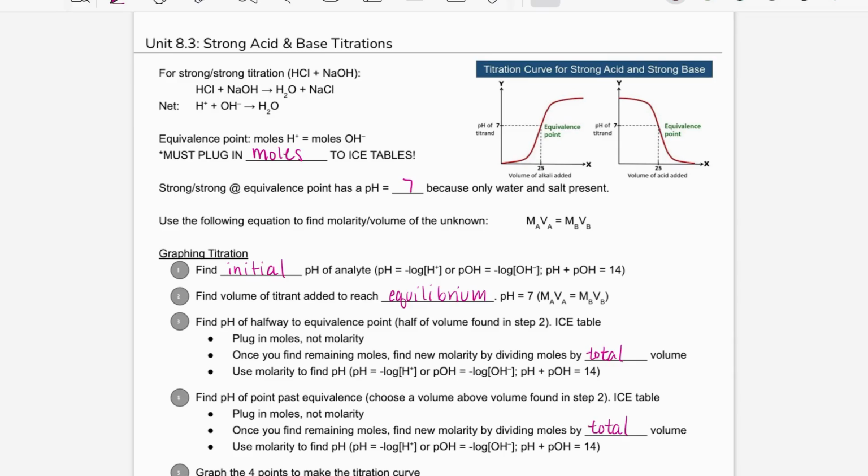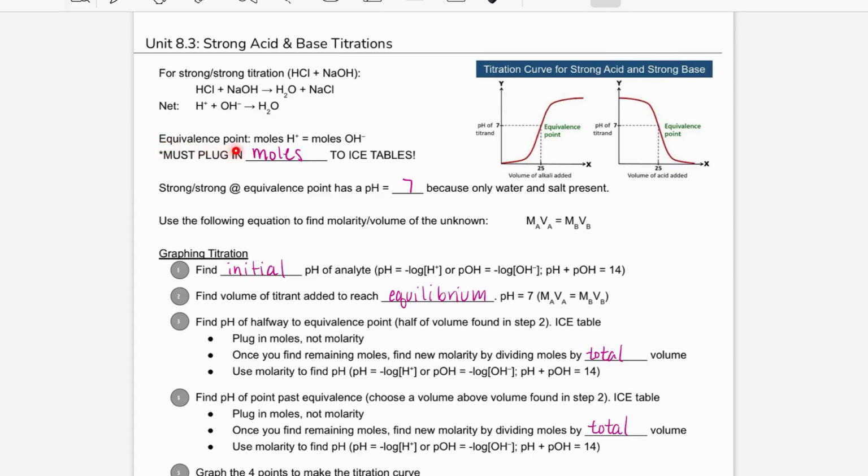This video is for Unit 8.3, going over strong acid and strong base titrations. Remember from our previous lesson, a strong acid or base is going to dissociate completely, which is why the net equation for a strong acid, strong base titration is that we have our hydronium, which is our acid ion, plus our hydroxide, which is our base ion, combined in equal moles, and we're going to have only H2O being produced.